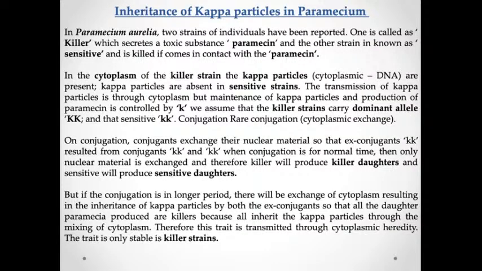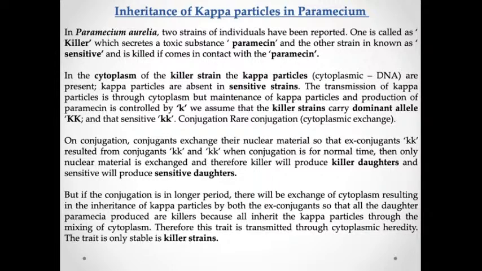Then, to take you on in the same chapter, we will now talk about Paramecium, inheritance of kappa materials, which will let us know about cytoplasmic inheritance with a further example. In Paramecium aurelia, there are two kinds of strains present. One is called killer, which secretes a toxic substance.